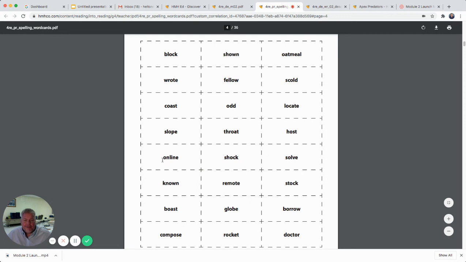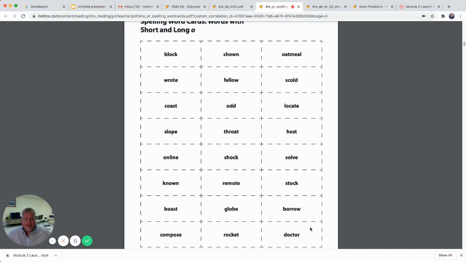Oh, we know this one, don't we? Online, shock, solve, known, remote, stock, boast, globe, borrow, compose, rocket, and doctor. All right, there are your spelling words for this week. Jot them down. You'll have two practice assignments for them before your test on Friday.